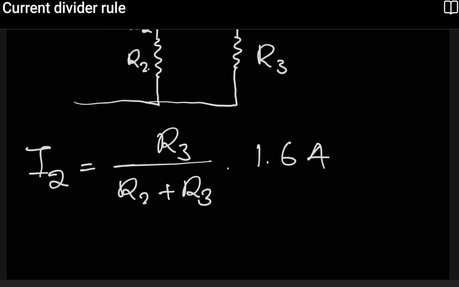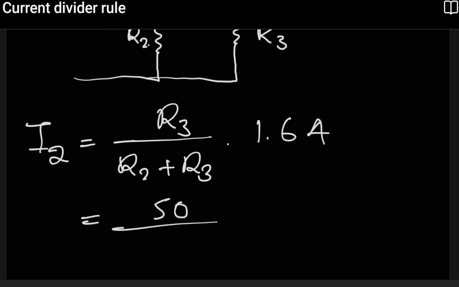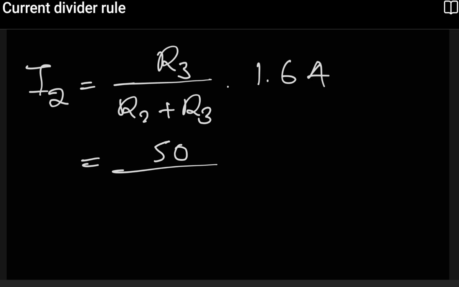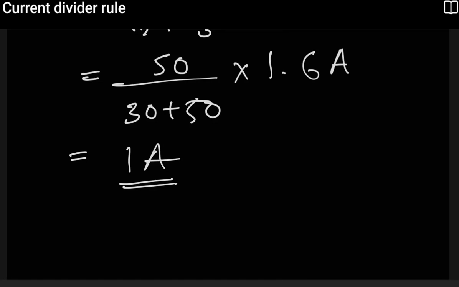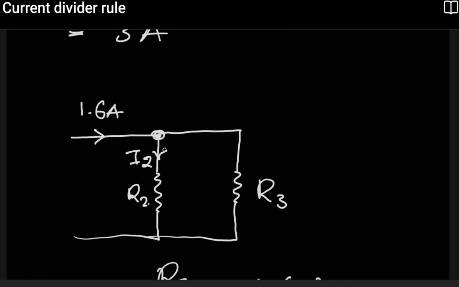So from here, we know what R3 is, that's 50. R2, what's the value for R2? That's 30. So we have 50 over 30 plus 50 multiplying 1.6 amps. In this case, the value comes out as 1 amp. So if R2 gets 1 amp and what was coming was 1.6, then the rest goes towards R3.